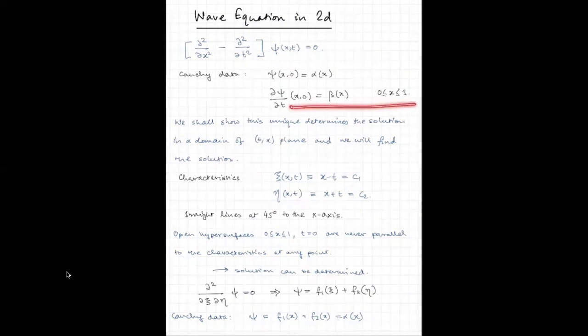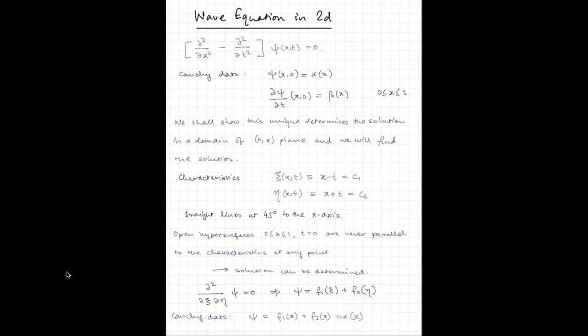What we had said is this thing was actually prescribed for an open hypersurface in this regime and t equal to 0. So this was never parallel to these curves. So the methods that we were employing in our general discussion were valid. Then we can just rewrite the equation in this form, and that gives us a solution of this form.